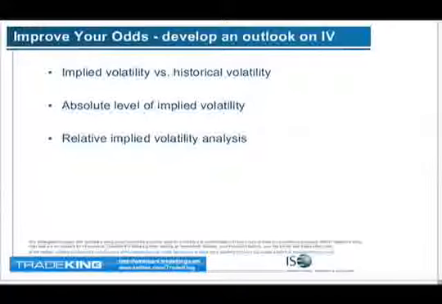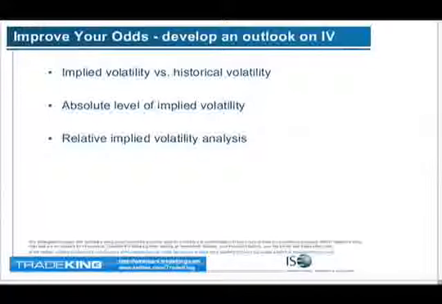And what we're going to do is draw a map about implied volatility, and that's going to help you do the same kind of thing. If you have an idea about where volatility has been, maybe you can make an educated guess about where you think it's going. And the reason you want to do that is because implied volatility is going to affect the price of the options contracts that you're trading.